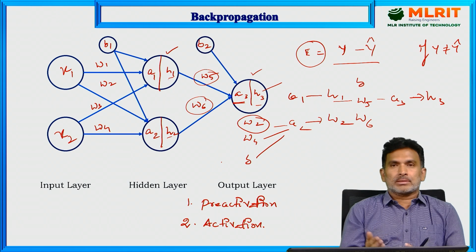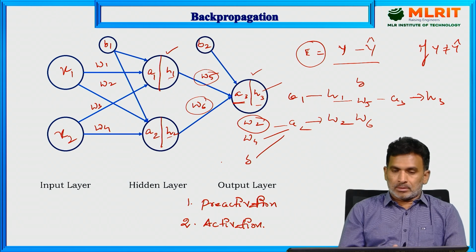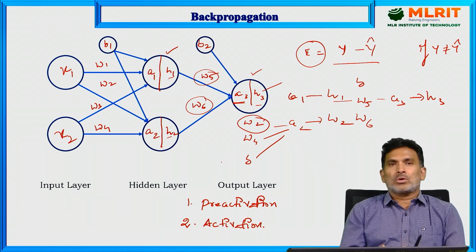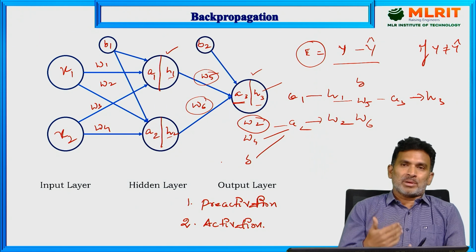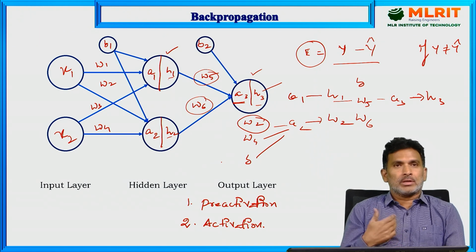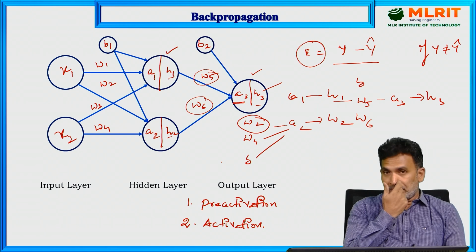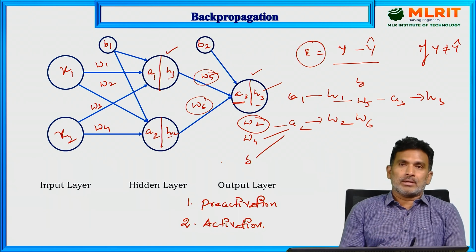Because in the real world, artificial neural networks are more complex. That means the number of inputs in an input layer, and also the number of hidden layers and outputs, and there would be millions and billions of parameters in complex artificial neural networks.